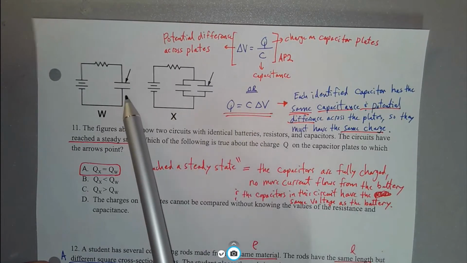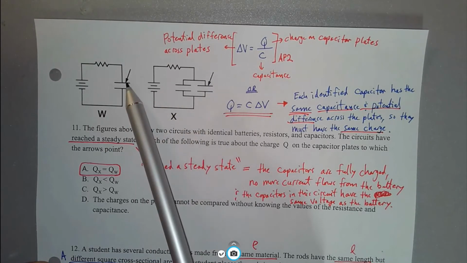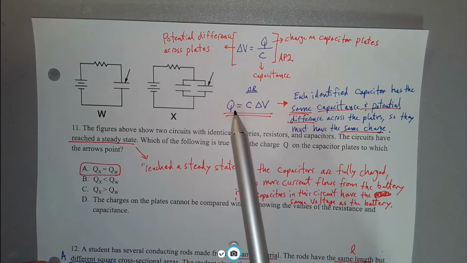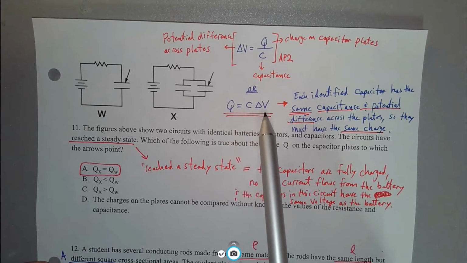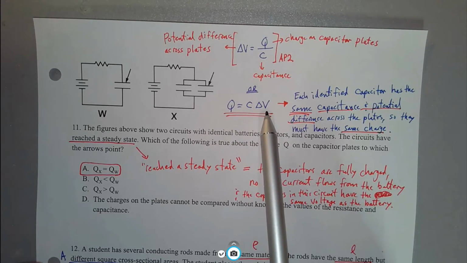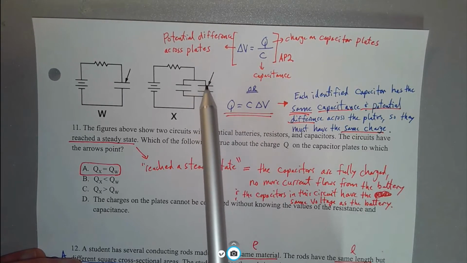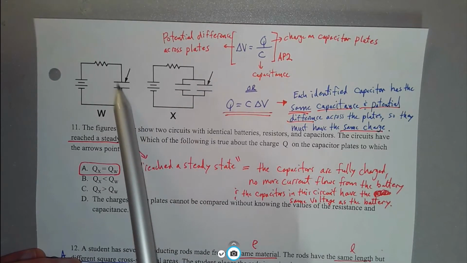And the problem statement said that all three of these capacitors, well, the two that the arrows are pointing to and this other one, have the same capacitance. And so the charge stored by each of those capacitors will vary as the change in voltage across the plates varies. But like I just said, there's going to be the full voltage of the battery across each capacitor here in parallel and across here.